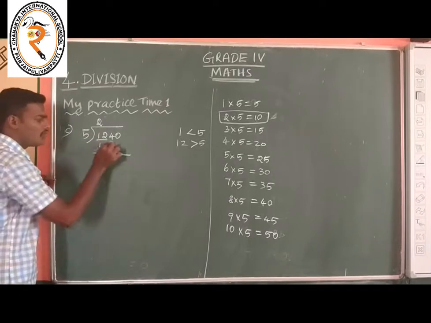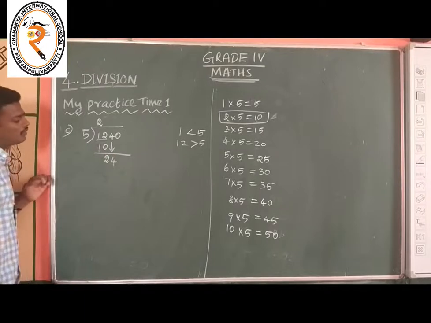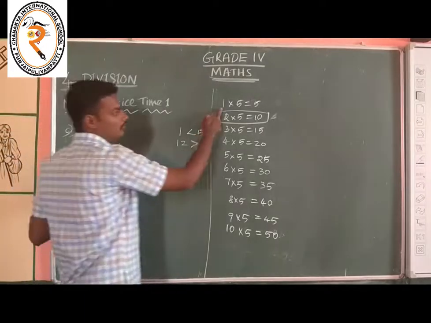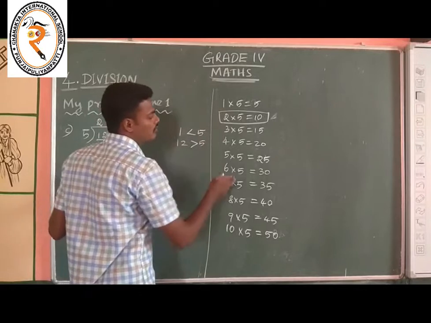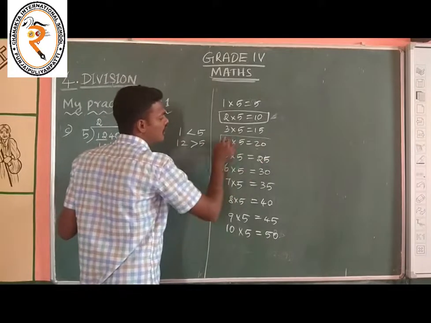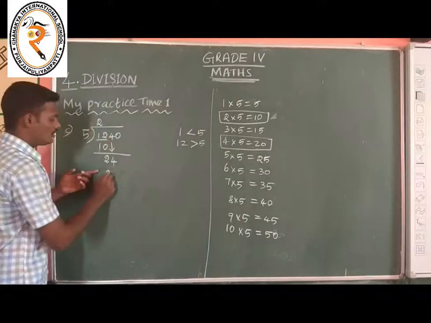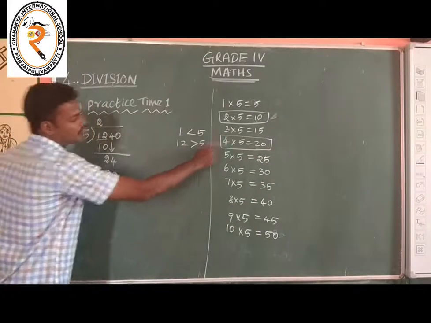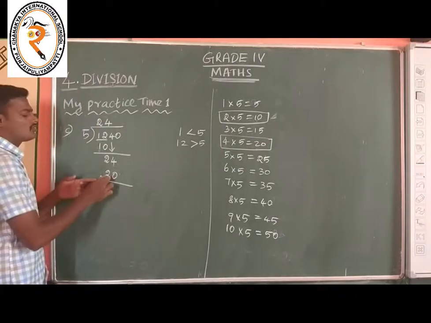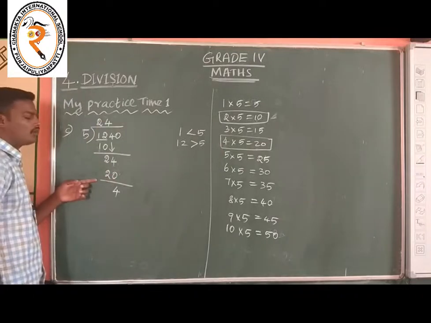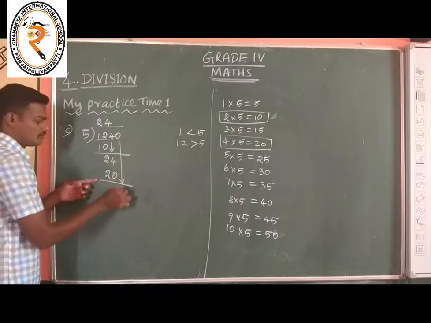Next, bring down the value 4. 24 is not in the fifth table, so we select the last lesser value, which is 20. 20 is how many times in the fifth table? 4 times. So subtracting 24 minus 20. Next, bring down the value 0.